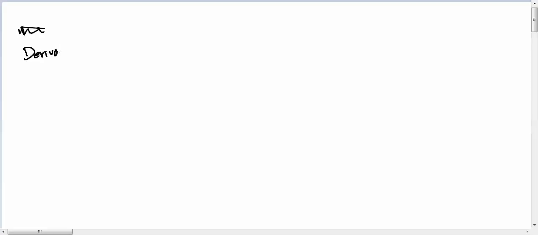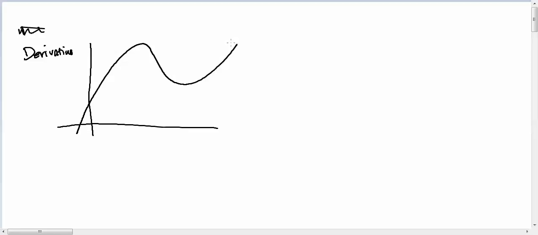What we're looking for is the slope. Say that we have a graph, and the graph looks something like this. We want to find the slope at a tangent point. Let me explain what a tangent point is.